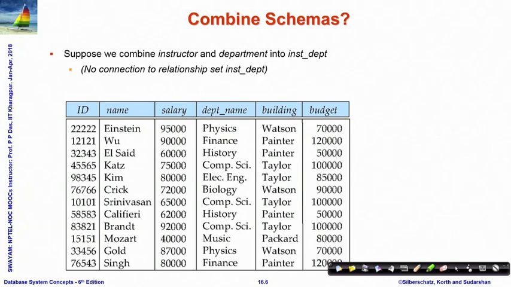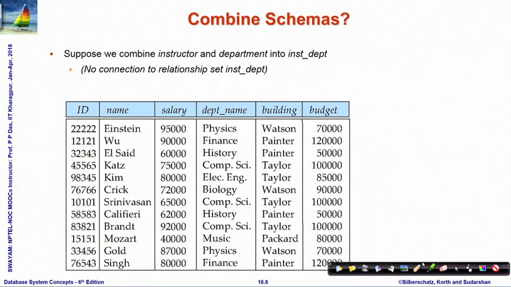Earlier, your instructor relation was this and your department relation was this much. If we keep everything together, of course, we are calling it inst_dept, but please keep in mind this is not the same inst_dept that we discussed in terms of the ER model. This is just putting these two together.